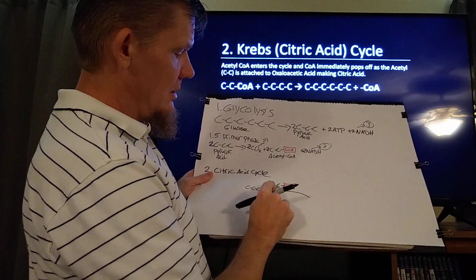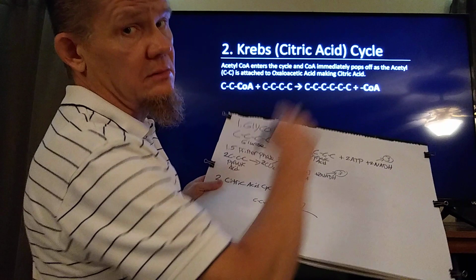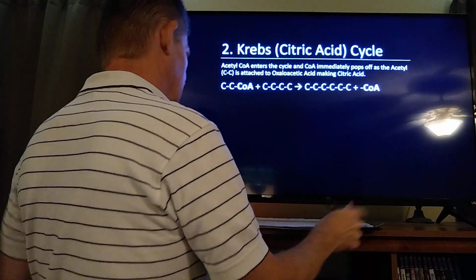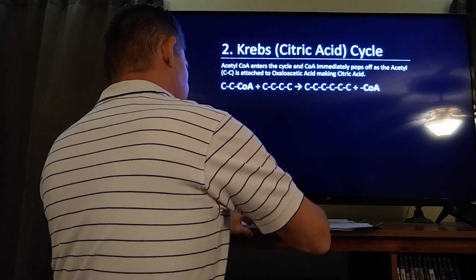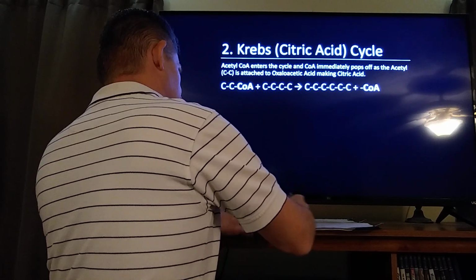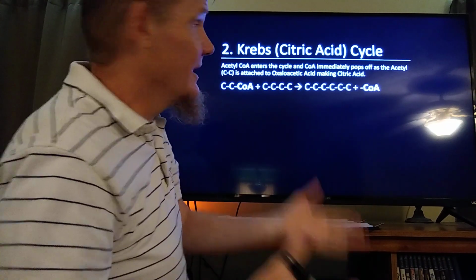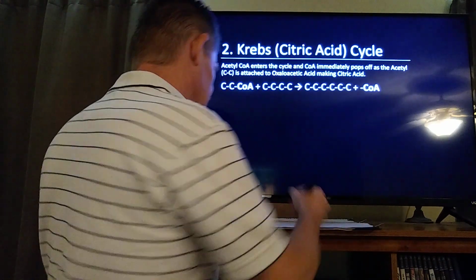Four-carbon molecule plus 2-carbon molecule. 4 plus 2 equals 6. This molecule, the 6-carbon molecule, is called citric acid, hence the name, the citric acid cycle.